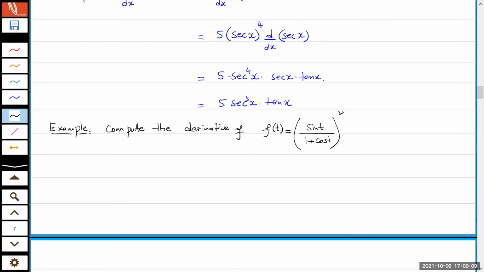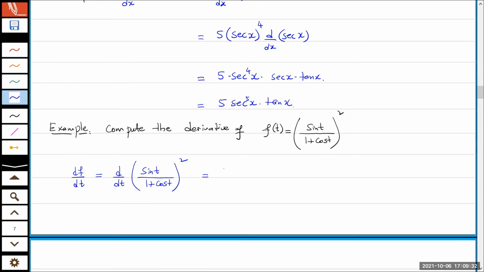All right. We want to do the derivative of f with respect to t, which is the derivative with respect to t of this bracket, sine t over 1 plus cos t, to the power 2. The first thing is the power 2.